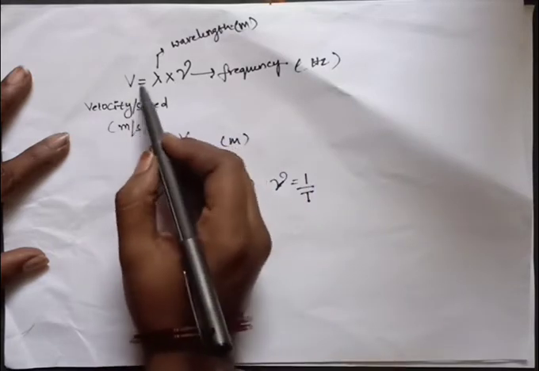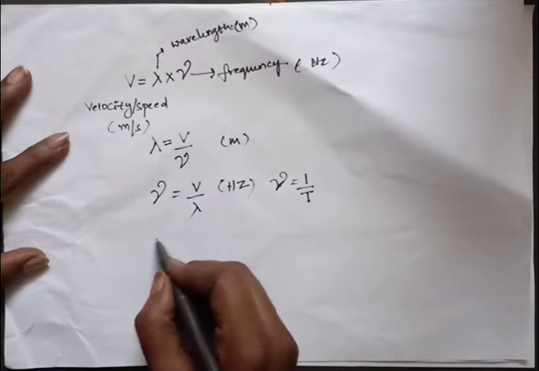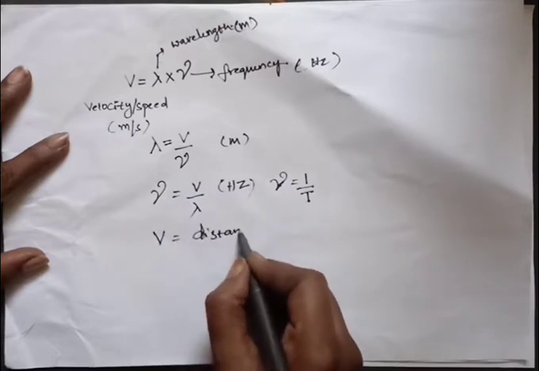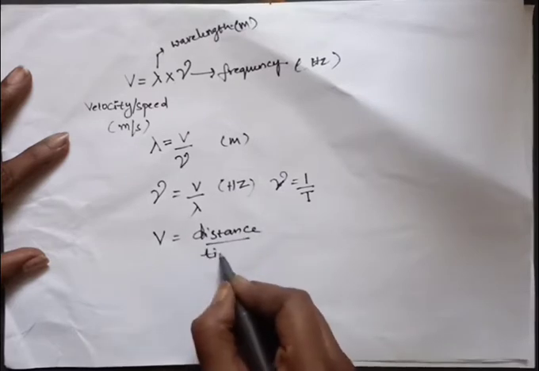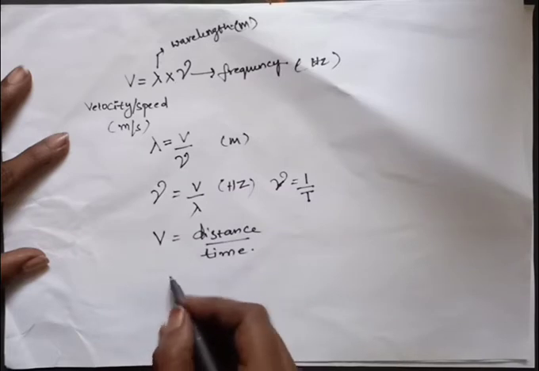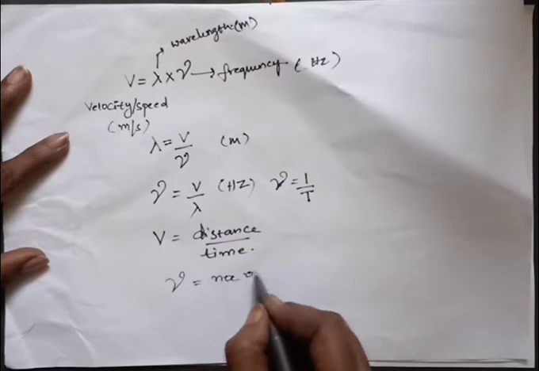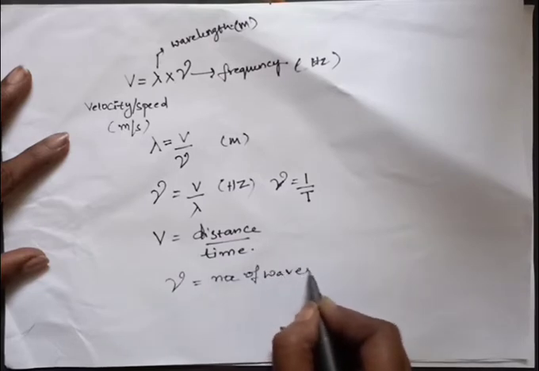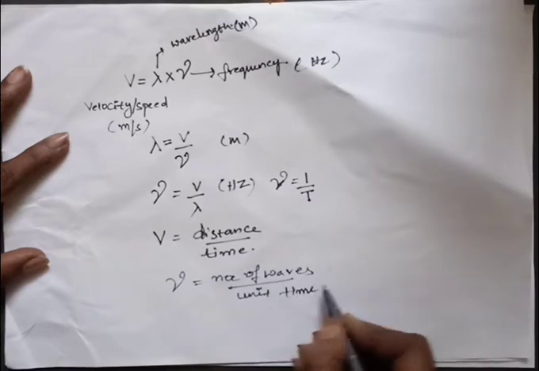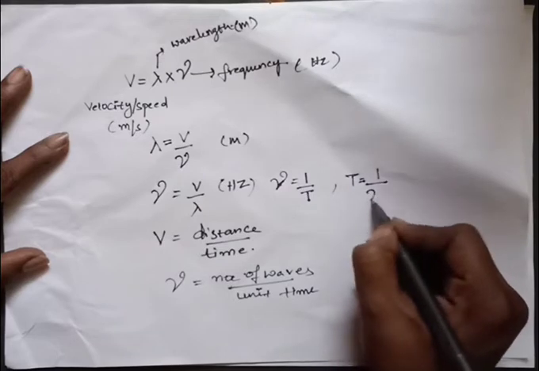Now if velocity is not given, distance and time are given, use the formula speed = distance/time. And in case the number of waves is given, then frequency is equal to number of waves per unit time. And if time period is given, the same formula can be reversed, T = 1/ν.